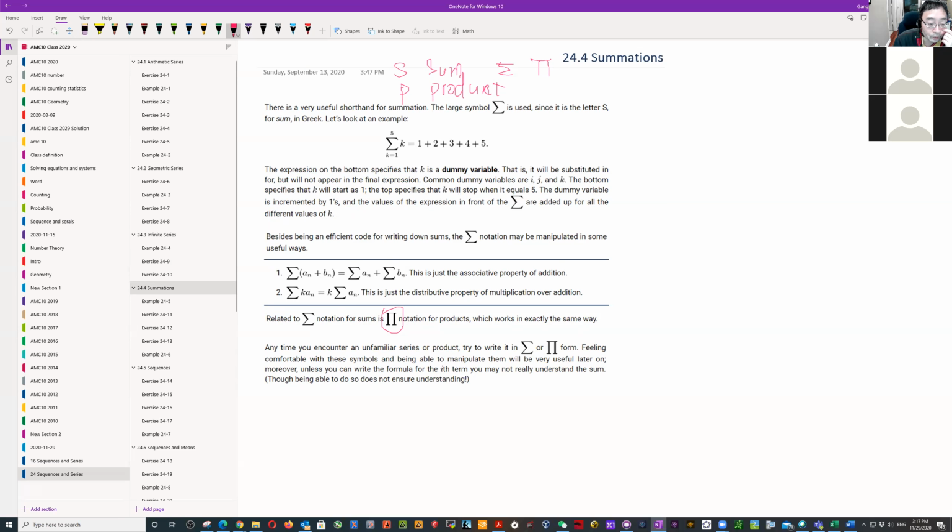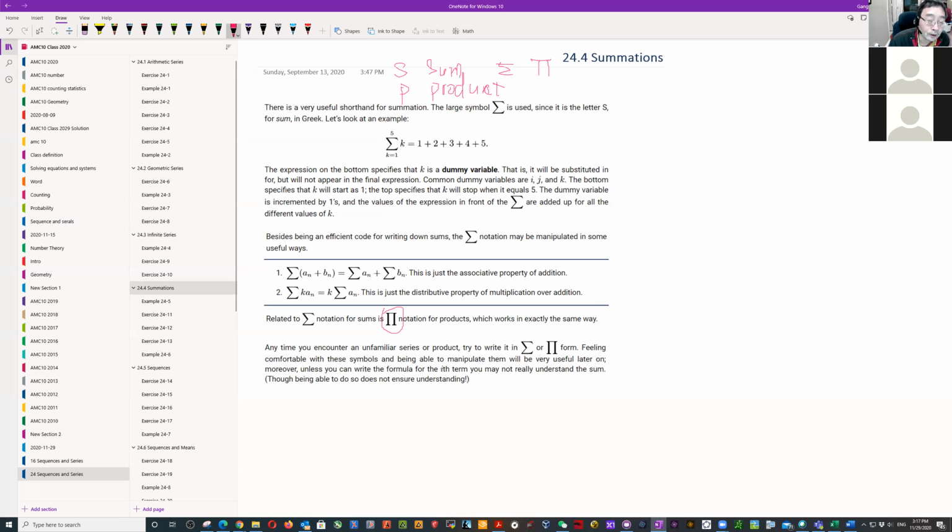So for example, this one, K is the dummy variable, which is used as if in a computer programming language, like a loop variable. So all it says, treat this as a programming instruction, like K starts from 1 and increments.